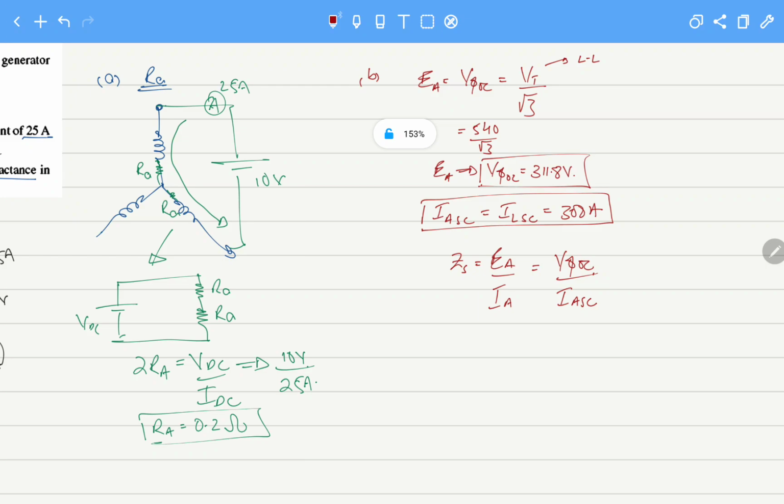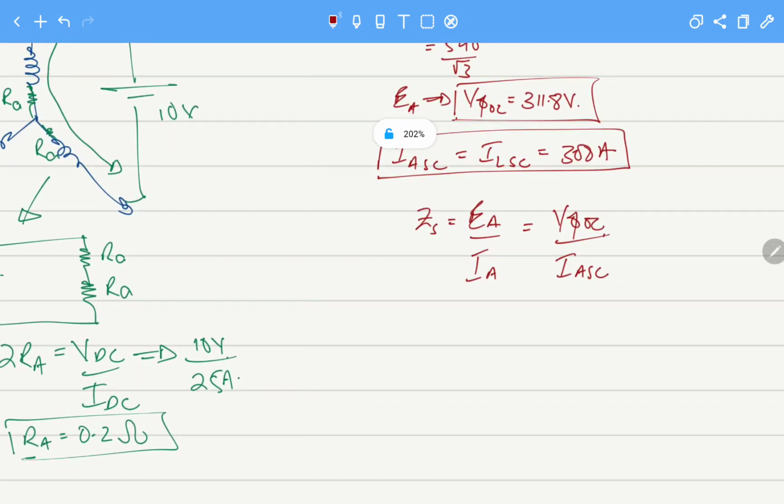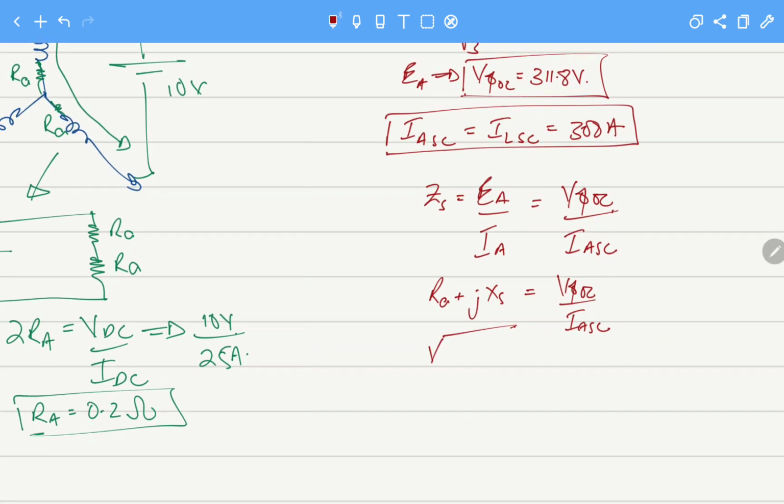And what is Z? Z equals the armature resistance RA plus jXS. So V phase open circuit over I armature short circuit, or we can write it as the amplitude: the square root of RA squared plus XS squared equals 311.8 volts divided by 300 amperes.